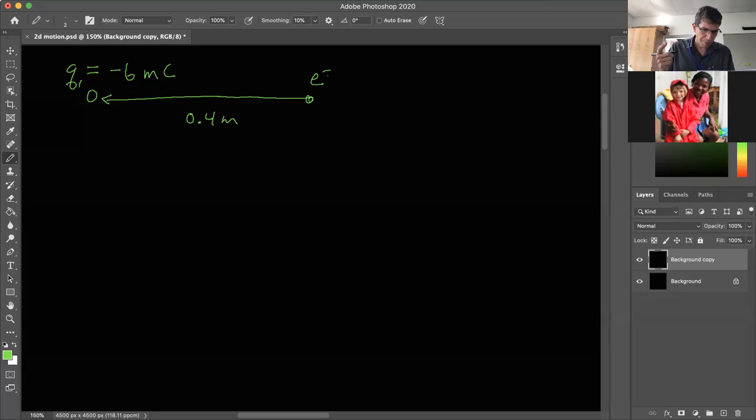Now for the first one, they said, show that the electric field strength due to the point charge at the position of the electron is 3.4 times 10 to the 8th newtons per coulomb.